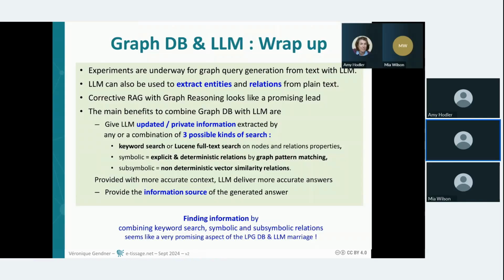Yeah, as you probably figured by now, I'm very excited by information retrieval in documentation, and that's because with a graph database combined with an LLM, you have three possible kinds of search: the keywords and Lucene full text search that we're all familiar with, but also the symbolic graph pattern matching possibility to search for information by explicit and deterministic relations.